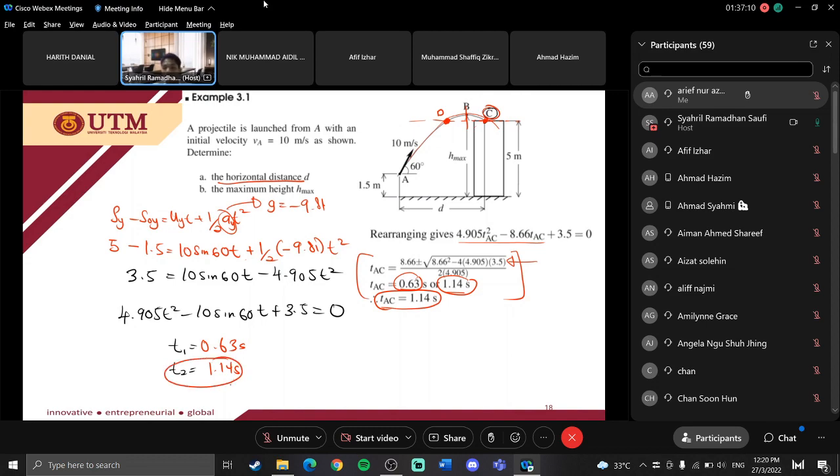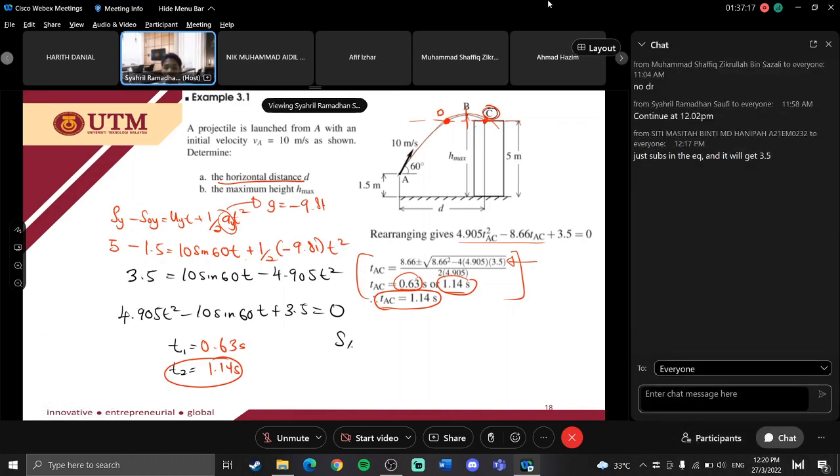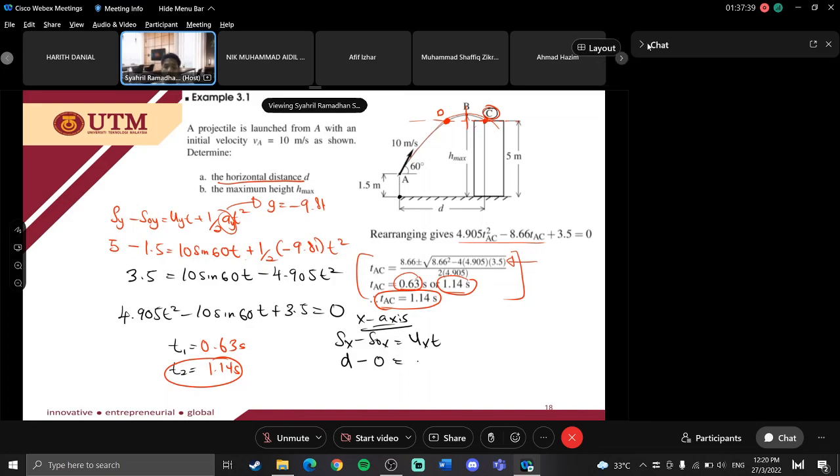1.14 second. So you have the x-axis equation, which is Sx minus S naught x is equal to uxt, because we want to determine the horizontal distance, and horizontal distance is based on the x-axis. Sx is d, which we don't know, and S naught x is 0, equal to ux t.